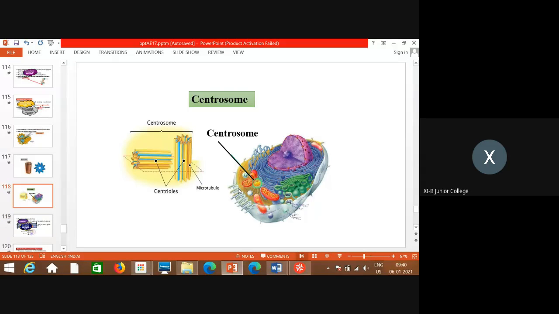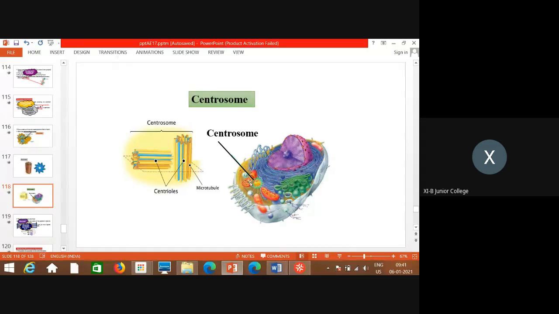What is the centrosome? Soma means body, which is present at the central place, near the nucleus of the cell. In the eukaryotic cell, these centrosomes are present near the nucleus because they play a very important role during cell division, which shows the division of the nucleus followed by division of the cytoplasm.